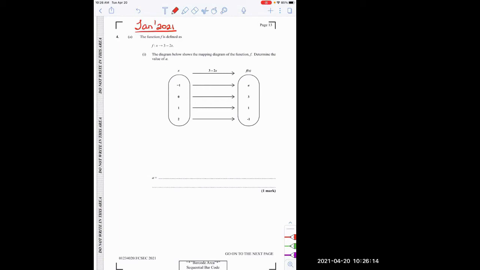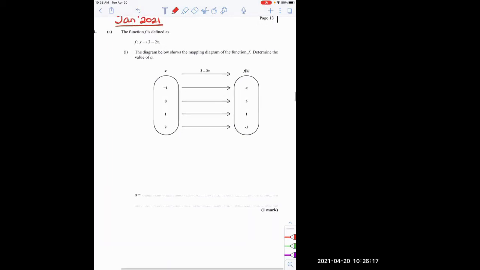The function is defined as follows: f of x is such that 3 minus 2x. The diagram below shows the mapping of the function f. Determine the value of a.